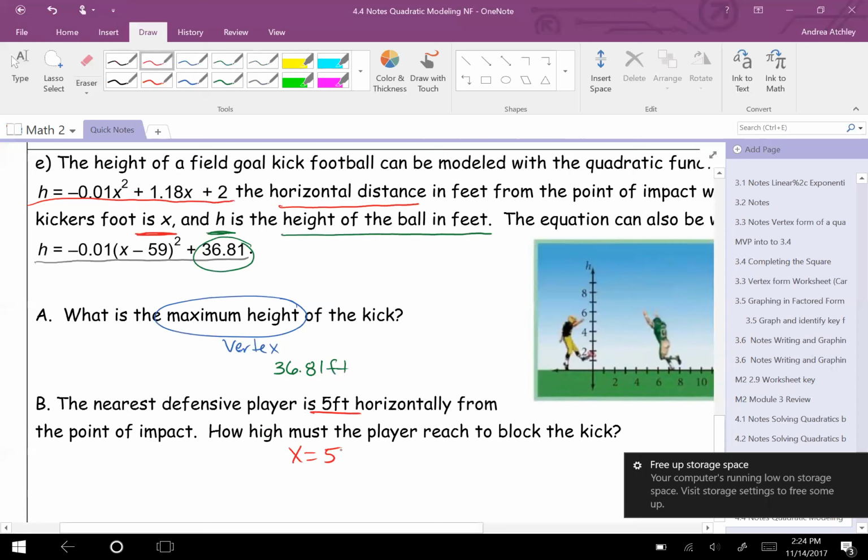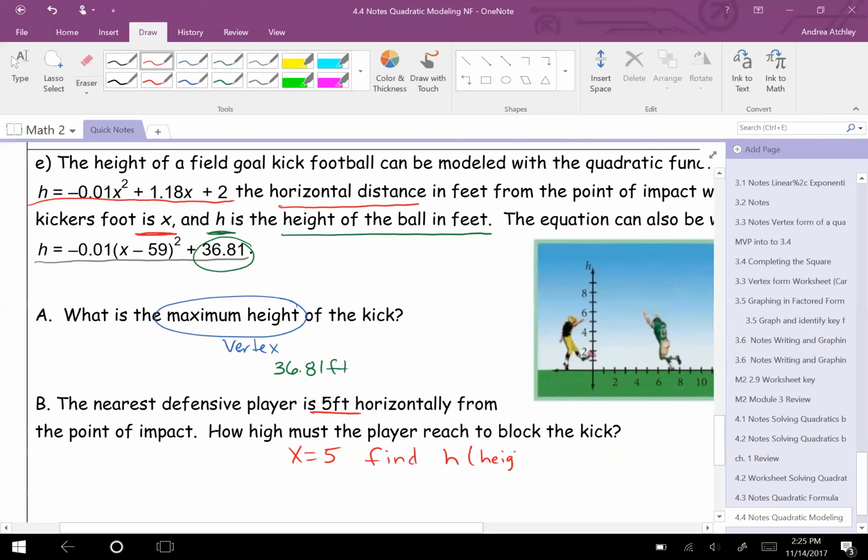How high must the player reach to block the kick? So at 5 feet away, what's the height of that ball, basically? So X is 5. Find the height. Any questions over that?